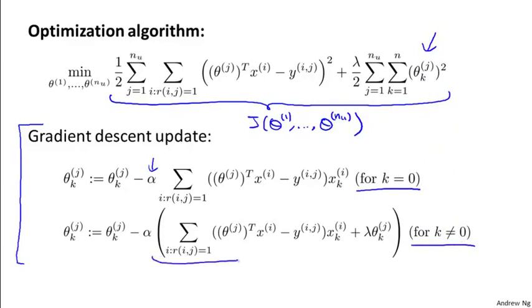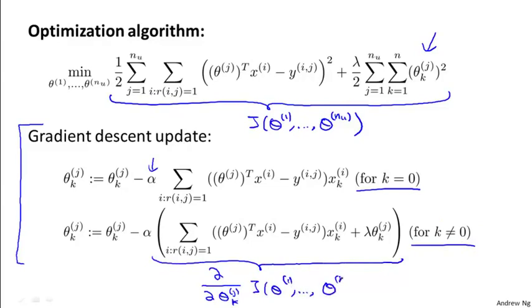This term over here, for example, is just the partial derivative with respect to your parameter of your optimization objective. This is just gradient descent, and I've already computed the derivatives and plugged them in here. If these gradient descent updates look a lot like what we had for linear regression, it's because these are essentially the same as linear regression.